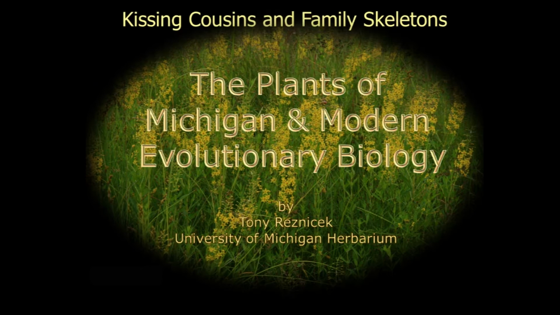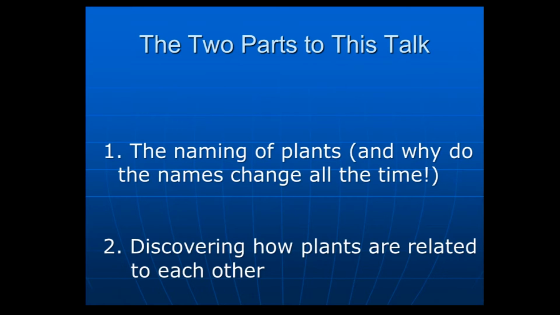So the talk is really in two parts. Very briefly, I'm going to talk about the naming of plants and what plant names mean. And then the second part, which is also responsible for changes in names, is discovering how plants are related to each other. How do we do this?